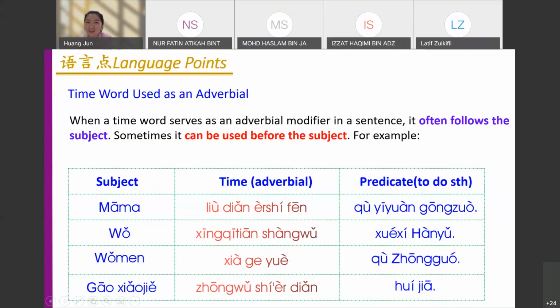Which word is it? 12. Ah, 12 p.m. Very good. So 中午 means noon, right? 12点 is 12 o'clock, plus 中午 in front means 12 p.m. So then Miss Gao, 12 p.m.